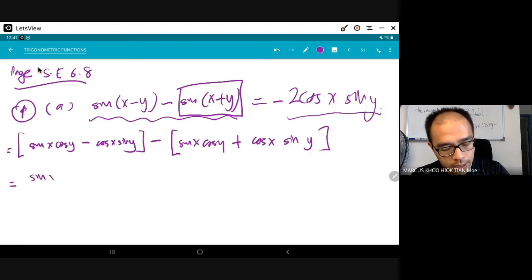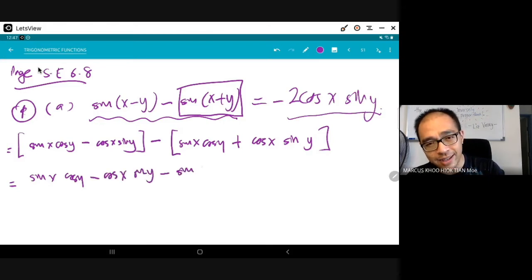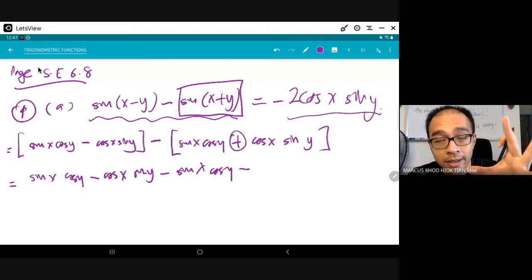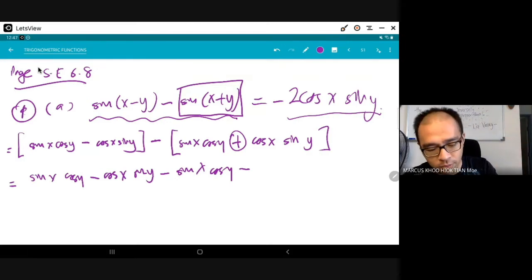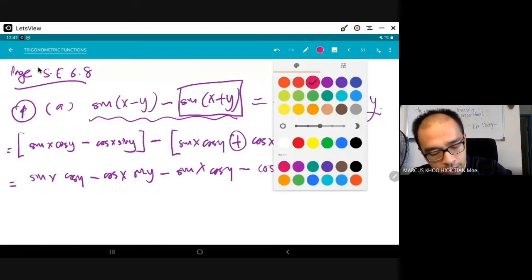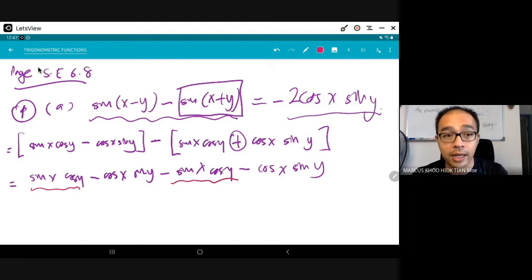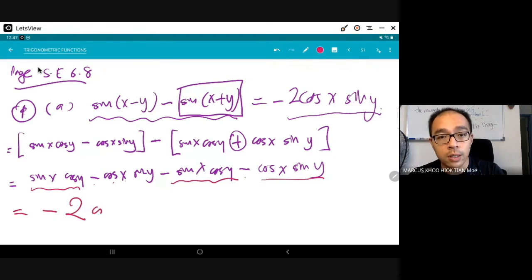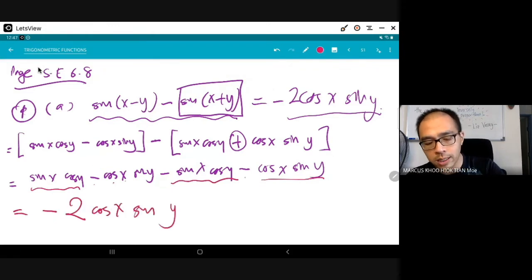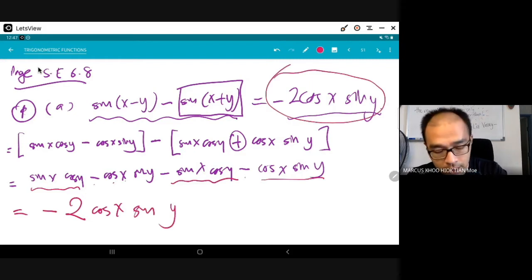We have sine x cos y minus cos x sine y minus sine x cos y minus, because with minus and plus, when you open the bracket, I've said this a million times, it will become negative cos x sine y. And so you will find that this one and this one disappear because they cancel each other. Then you have minus cos x sine y minus another cos x sine y. So it will be minus 2 cos x sine y, which is the thing that we wanted to prove in the first place. So, proven.